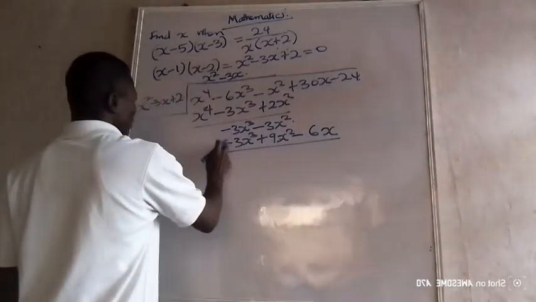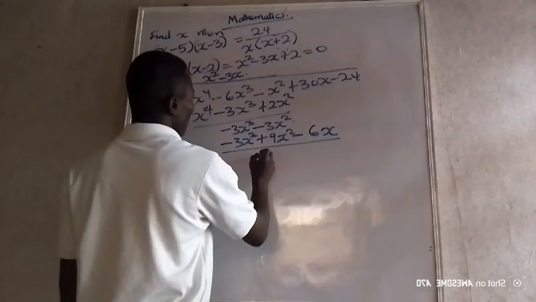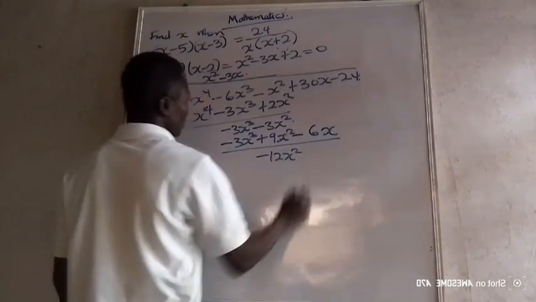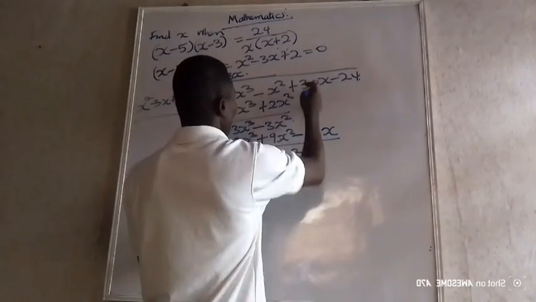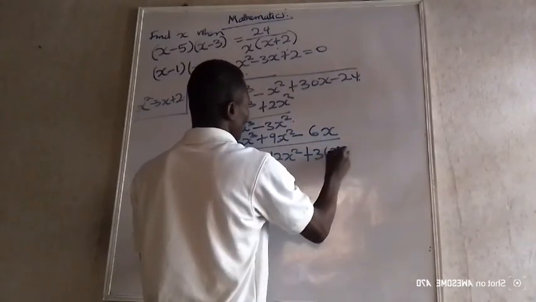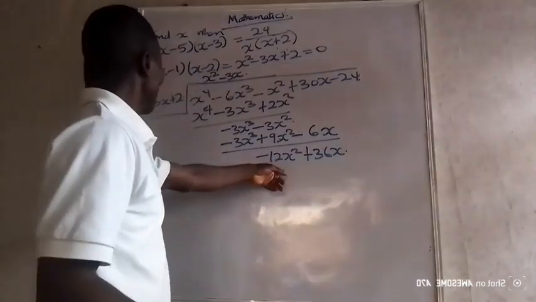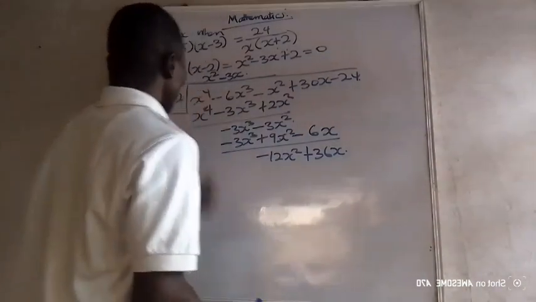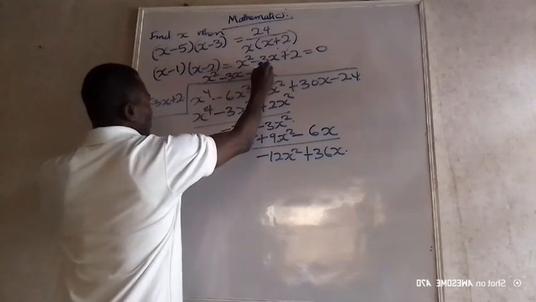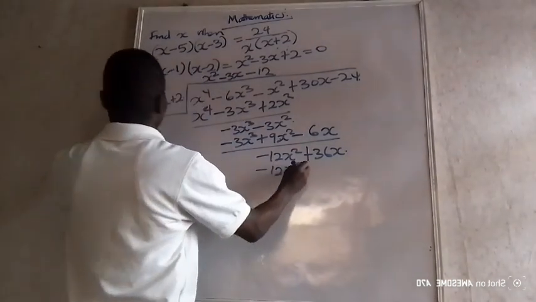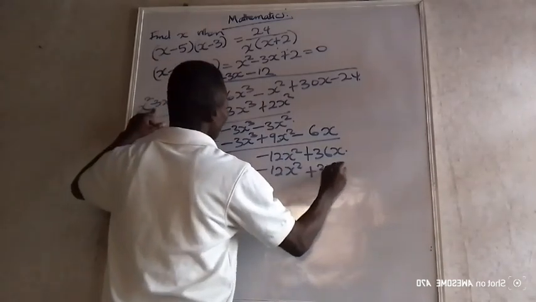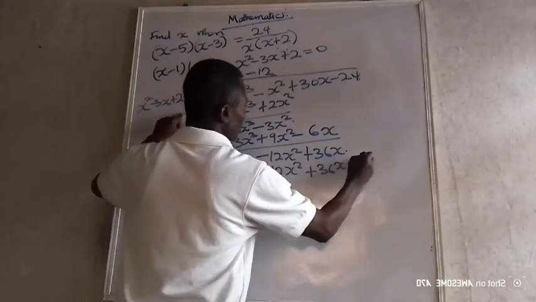So on subtracting, this one is going to give me minus 12x squared. This one is going to give me plus 36x. So here is going to be minus 12. So I have minus 12x squared plus 36x minus 24.